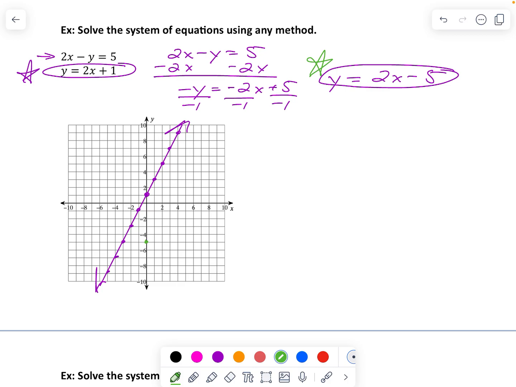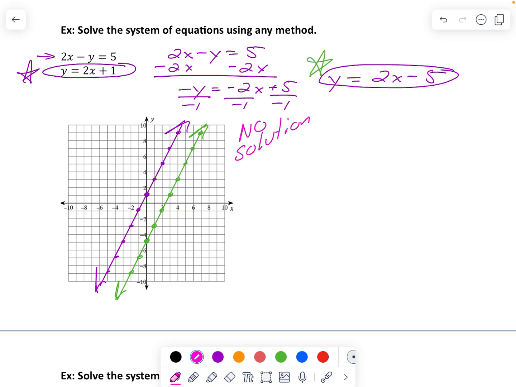Here we are at -5, up 2 over 1, up 2 over 1, and so forth. And we're going to connect those points. And hopefully this is what you were supposing. The lines are parallel, which means we have no solution.